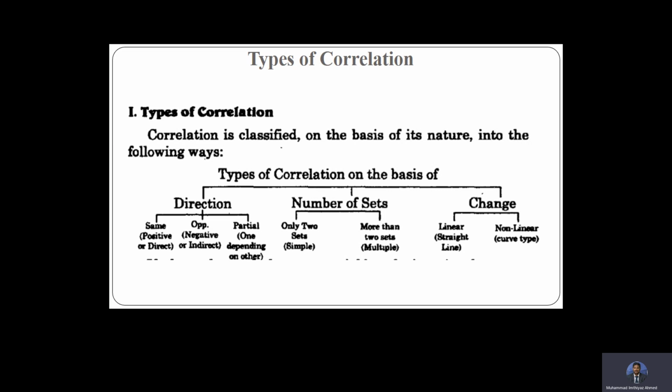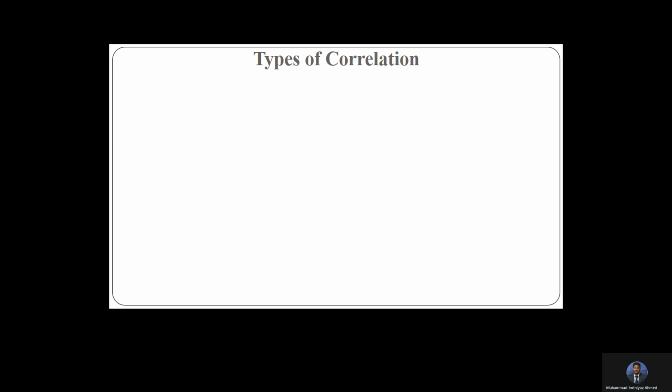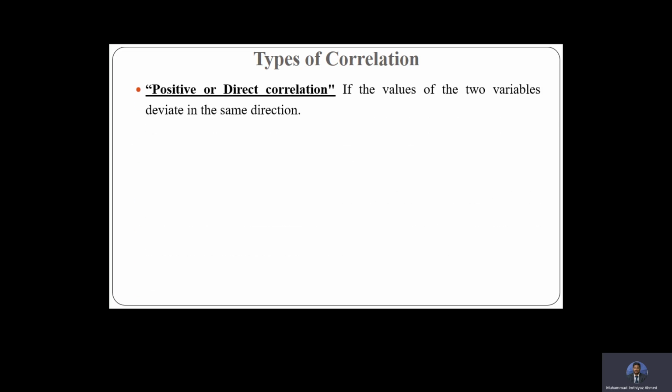These are all the types into which it is divided. Now in this, first let us see positive or direct correlation. What does it talk about? If the values of two variables deviate in the same direction, very simple. It always moves in the same direction. That is called positive. Is that clear?